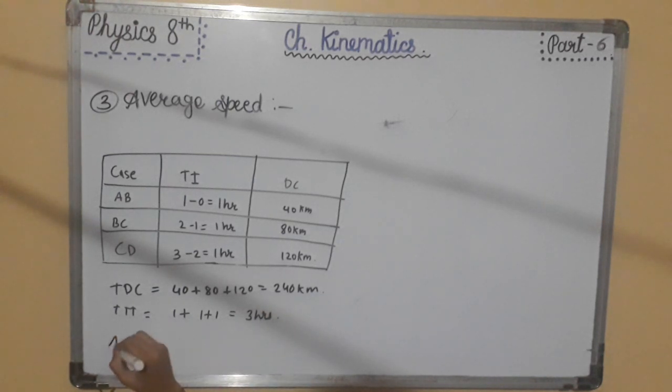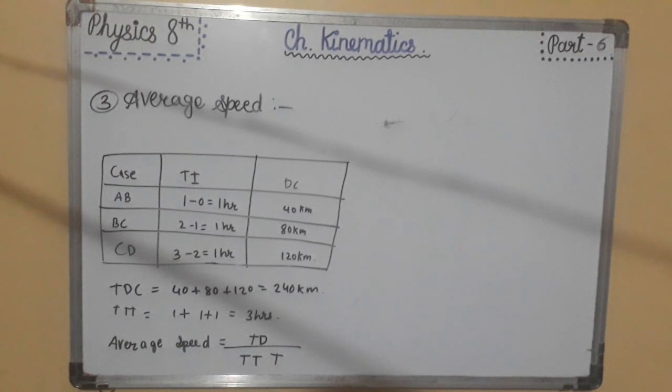Average speed is equal to total distance upon total time taken.